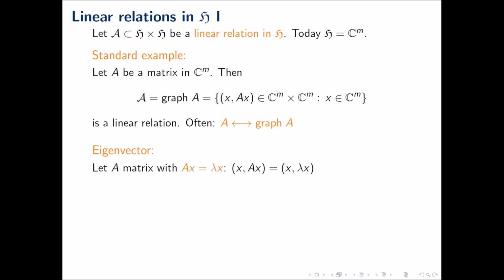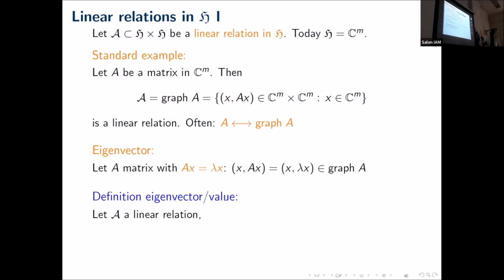Well, clearly, eigenvector and eigenvalue looks like this, right? So it looks like (x, λx). And this guy is obviously in the graph of A. Well, how will I define eigenvector and eigenvalue of an arbitrary linear relation? Well, like this, right?